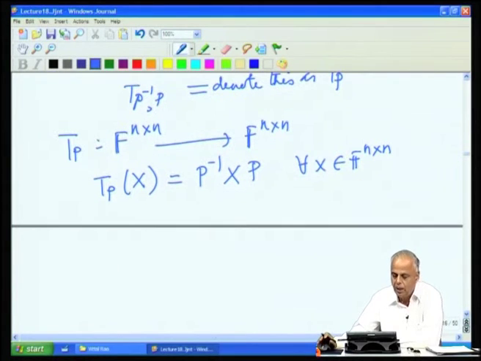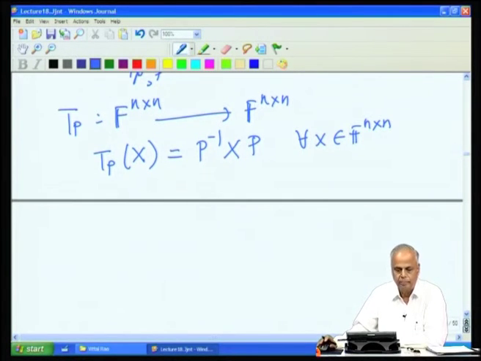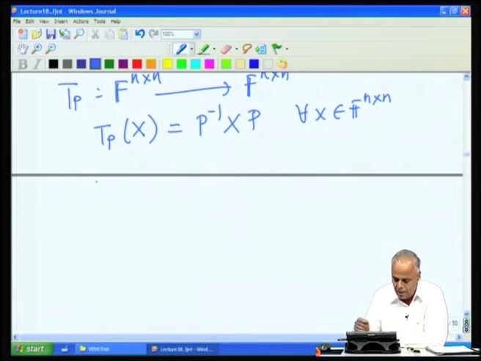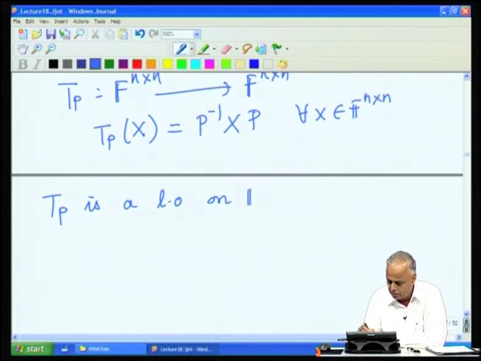Now, therefore, it converts the matrix x to a newer matrix P inverse x P, and since for any A and B this will generate a linear operator, in particular for this A and B it will generate a linear operator. TP is a linear operator on Fn cross n.